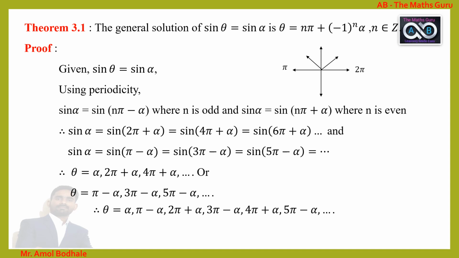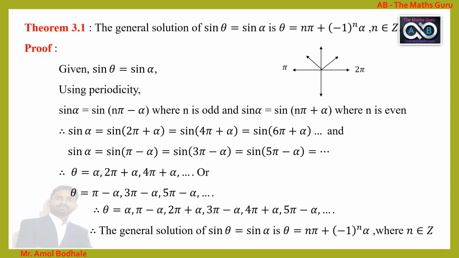So from both conditions we can conclude theta equal to alpha, pi minus alpha, 2 pi plus alpha, 3 pi minus alpha, 4 pi plus alpha, and so on. If we observe here, whenever the coefficient of pi is even, we are adding alpha, and when the coefficient of pi is odd, we are subtracting alpha. So this we can generalize.